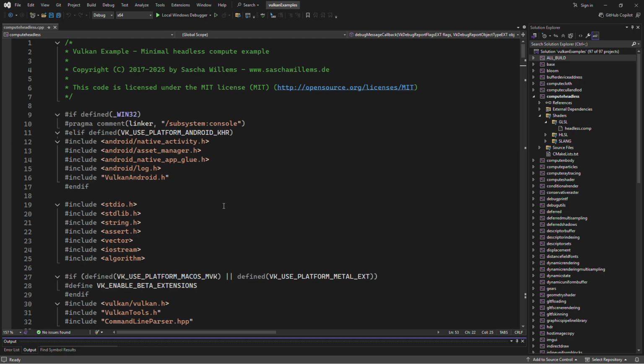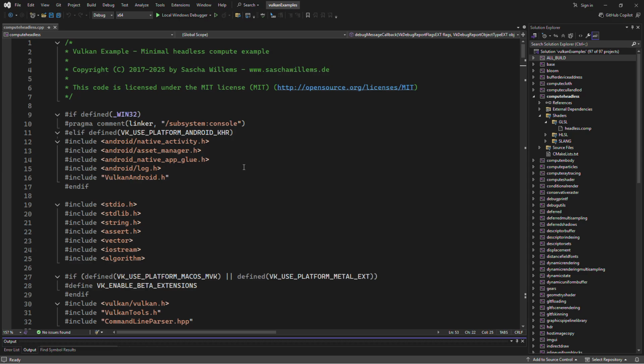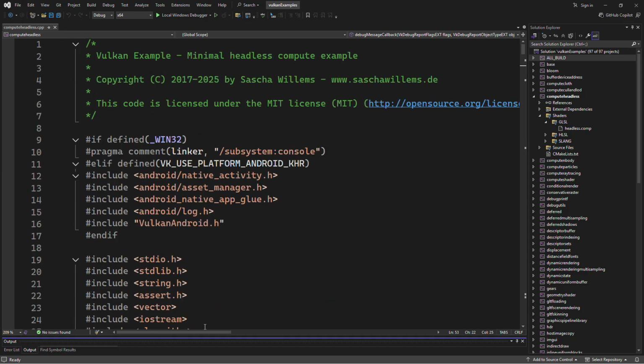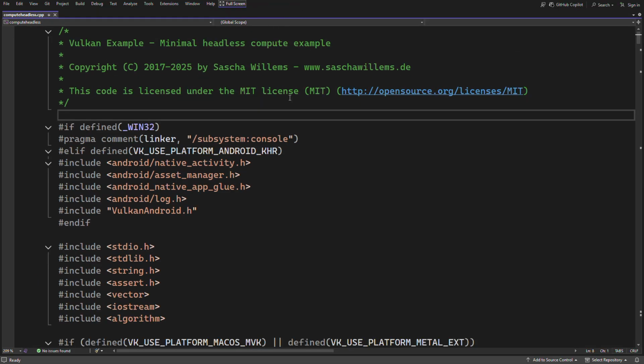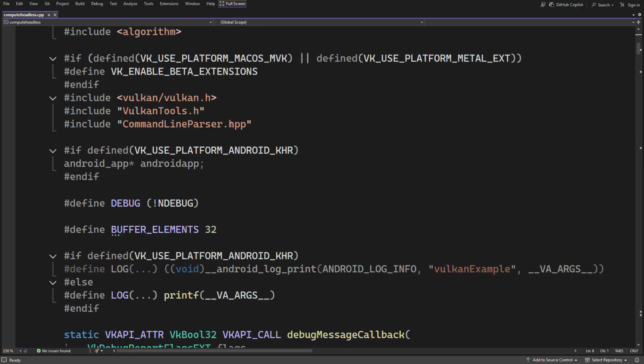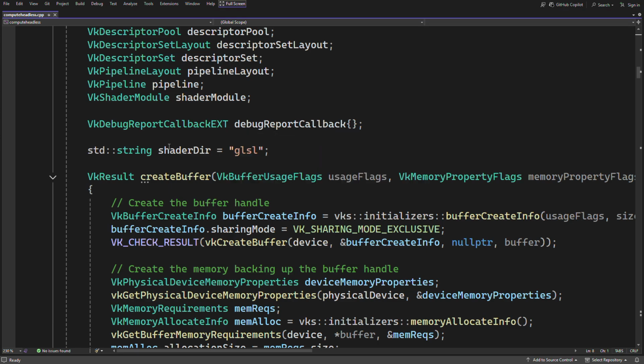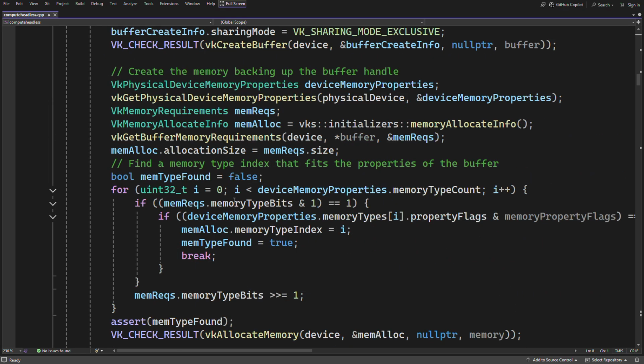What I wanted to focus on, and I'll zoom in just to make it readable for you guys, is the section that talks about memory types.